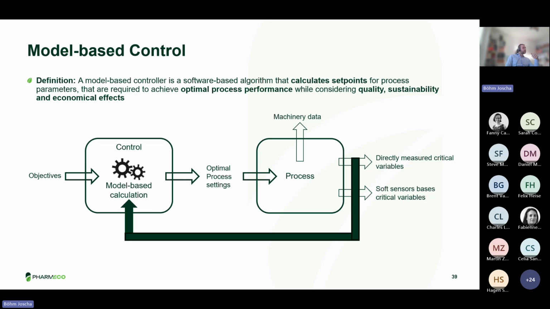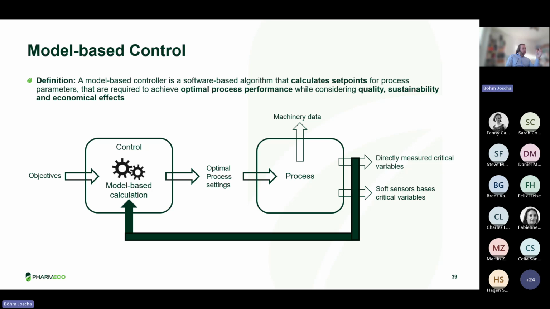If we have all this information, the calculation becomes more complex, and then we use these models to predict into the future what happens if I change my process parameters from one set point to the other. How does this influence the process behavior and our predicted outcomes? And we do this until we really reach the optimal point in terms of the process performance that we want to achieve here.